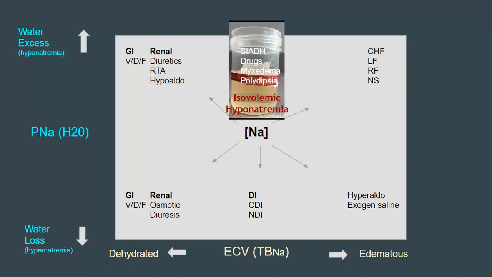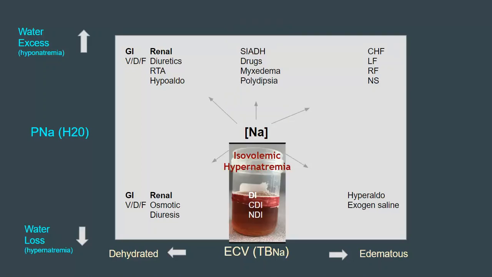SIADH can usually be caused by some pulmonary problem, like a pulmonary nodule, a tumor, or a pneumonia, or some type of pulmonary issue. I've seen it with pulmonary hypertension and things like that. Or like a brain tumor. Drugs can cause SIADH as well. But this is a primary water problem.